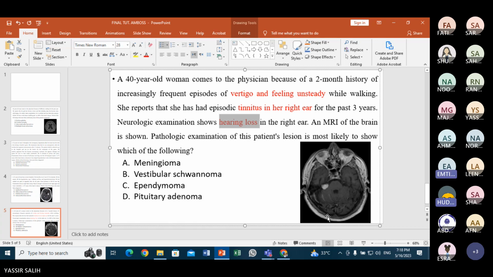Hyperdense. Yes, hyperdense, or sometimes it may be isodense or hyperdense. It is hyperdense because commonly it shows calcification. Yes.